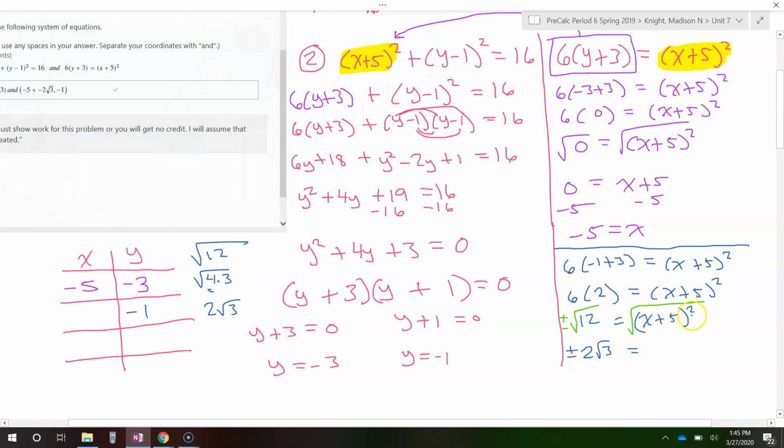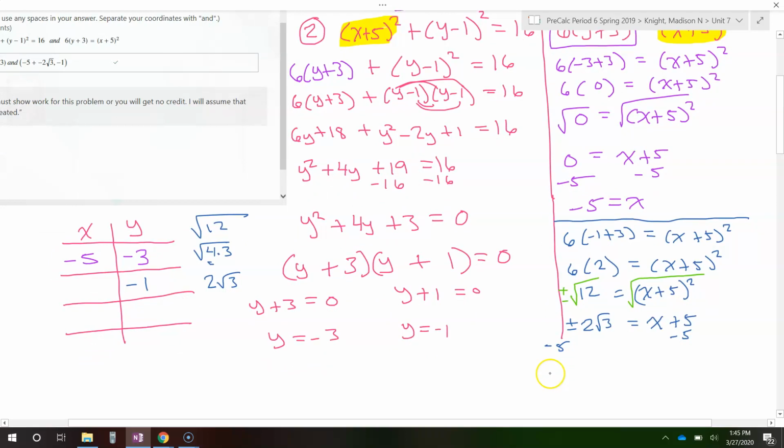And the square root of this makes the squaring go away, and I will just have x plus 5. When I subtract 5 from both sides to get x by itself, I'm going to put that 5 in the front of this. So that's going to give me negative 5 plus or minus 2 radical 3.